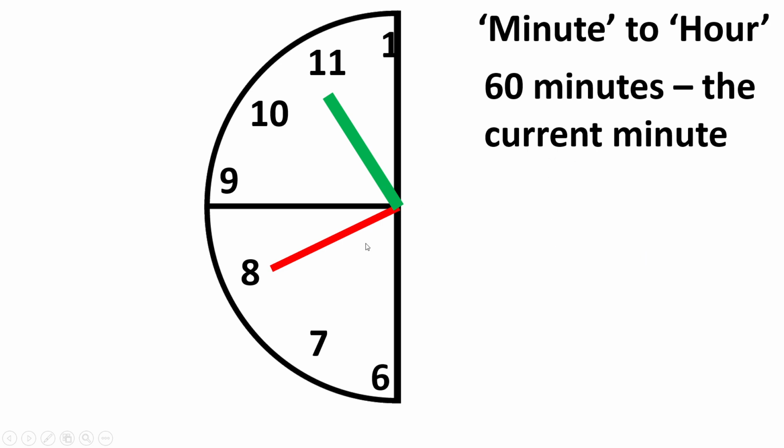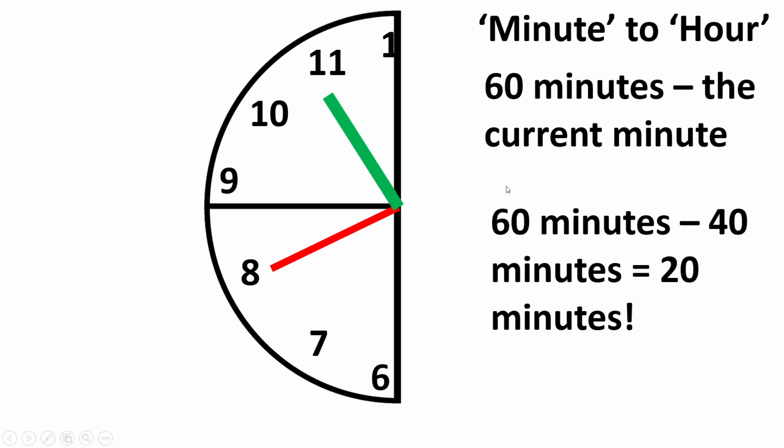Let's try it again with a different time. This time our hands are changed. Remember, we always do 60 minutes, take away the current minute to find how many minutes are left until the next hour begins. We can see that the current minute hand is pointing at 8. If we follow the minute rule and we do 8 multiplied by 5, we find 40.